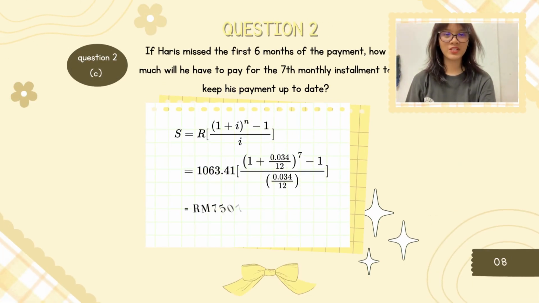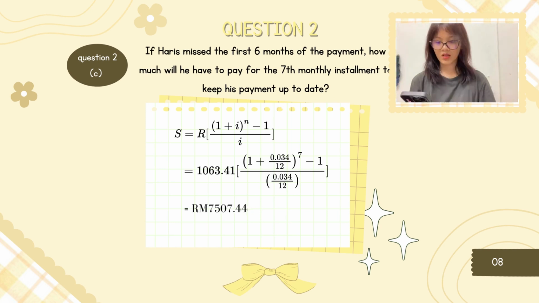So for my part of the question, I shall be explaining how to obtain the answers to questions C and D. Now, for question C, it says, if Haris missed the first 6 months of the payment, how much will he have to pay for the 7th monthly installment to keep his payment up to date? For this question, we'll have to use this formula, which is S equals R in brackets 1 plus i to the power of n minus 1, over i, which is to find the future value of the payment.